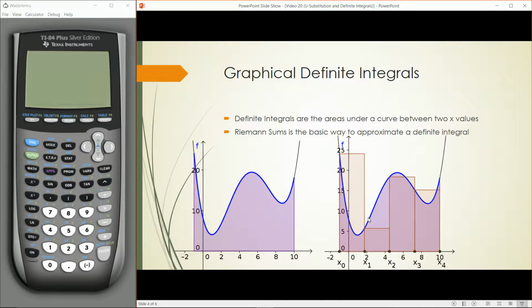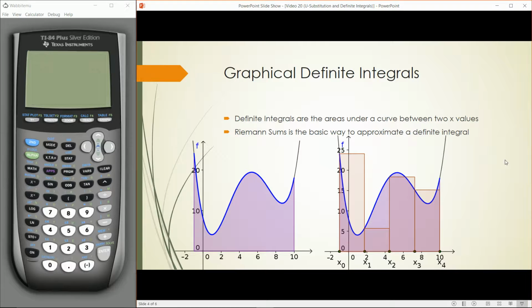So those are the three ways that you can do the Riemann sums. Keep in mind, the more boxes you have, the more accurate it will be. But we always do the splitting on the x-axis, and we always just go up to the graph. Nothing else in between. All right.